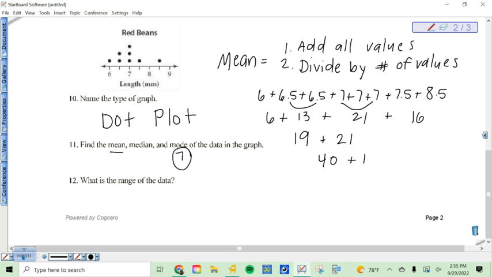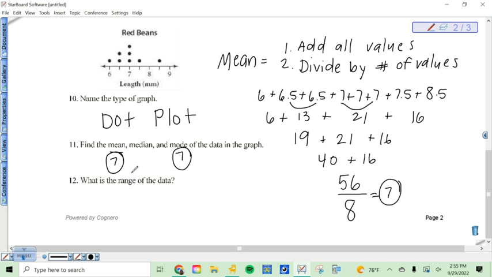And what's 40 plus 16? Excellent. Good. Who needs a calculator? 56. And what do I divide that number by? Which is what? Good. What's 56 divided by 8? Excellent. There's my mean.